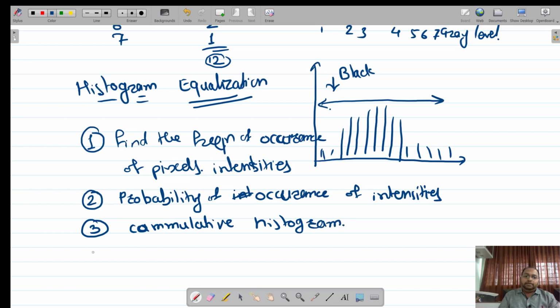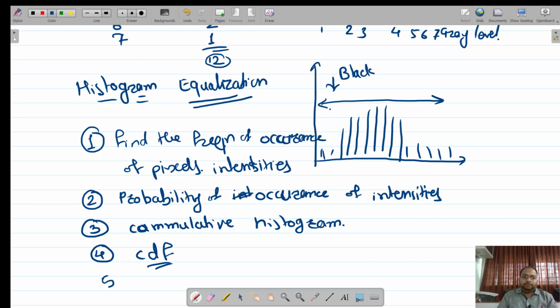Then fourth, we are going to find the cumulative probability, that is the CDF, cumulative distribution function, of these gray level intensities.